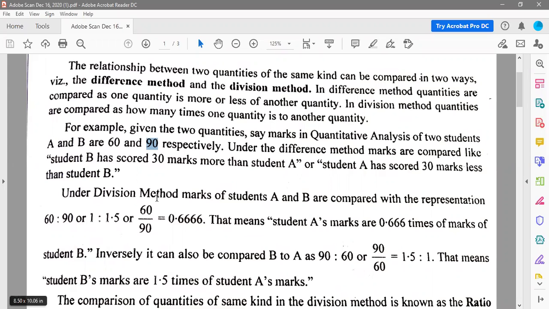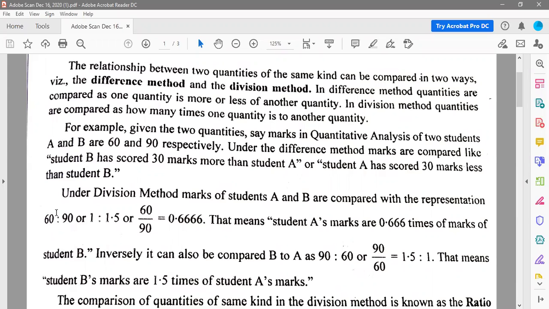Under the division method, marks of students A and B are compared with a representation of 60:90. So we are taking this 60 and 90 in the form of a ratio, A is to B. A's marks is 60, B's marks is 90.